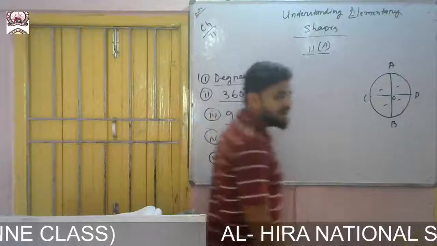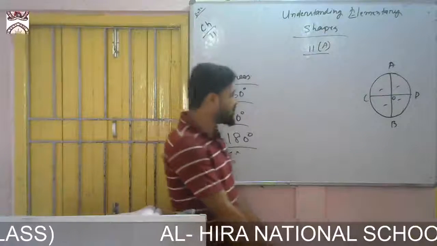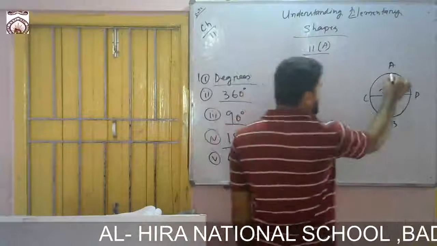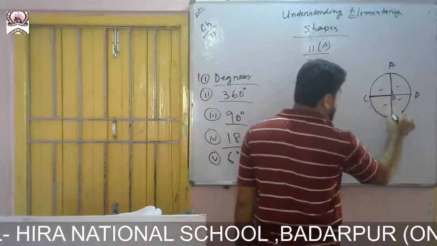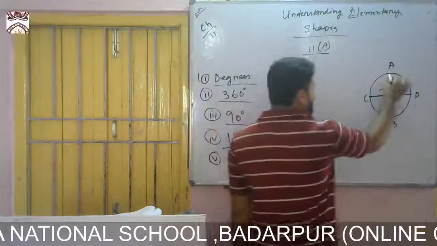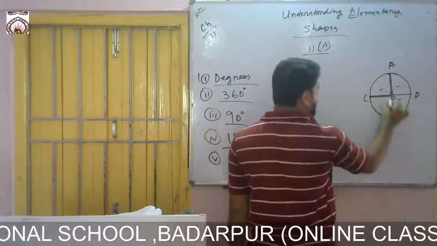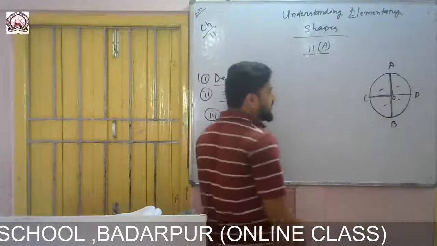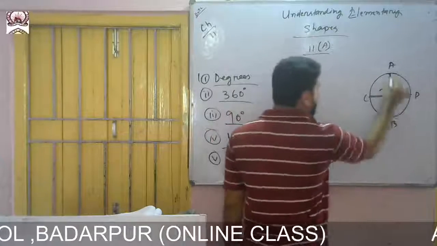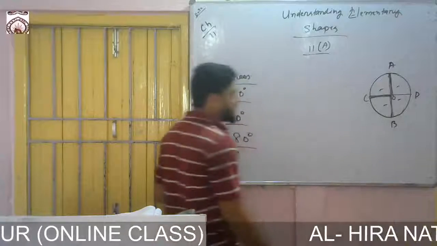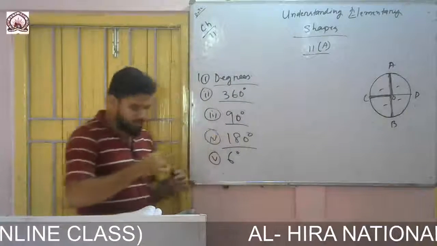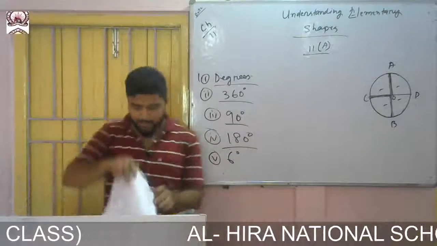Obviously 2 times, because this portion and this portion are equal. That means AOC and BOC will be equal. So in AOB, AOC is 2 times. So the answer will be 2 times. So write like this.